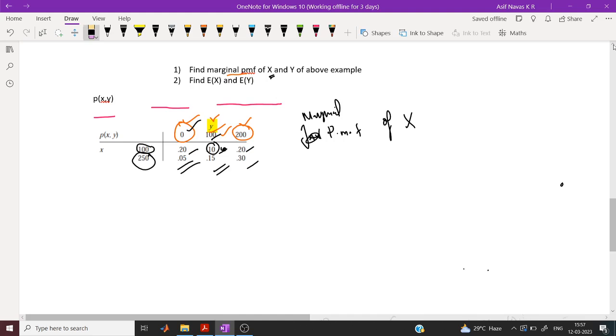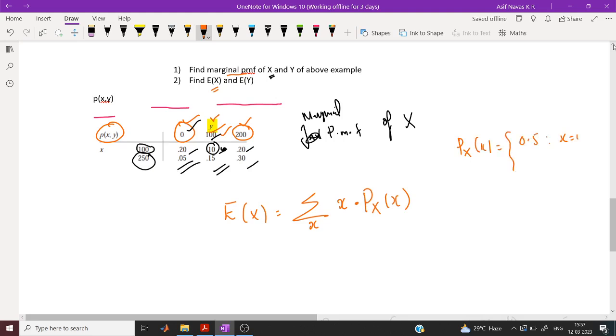To find the expectation of x, we take the summation over x of x times Px of x, which we already found: 0.5 when x equals 100 or 250, and 0 otherwise.